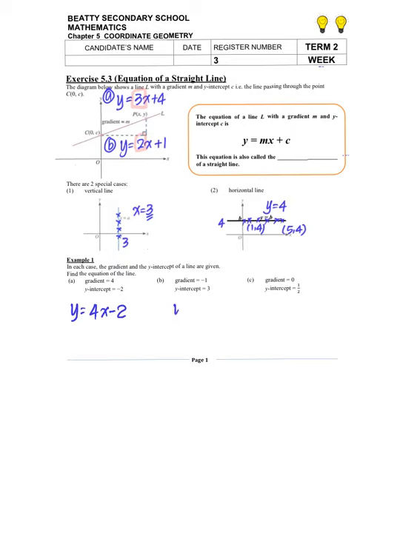Here, y equals negative x, downward sloping, plus c. And if the gradient is 0, it means it's a flat horizontal line, so it's y equals half. That means it is like this, so it cuts at half. Quite easily done.